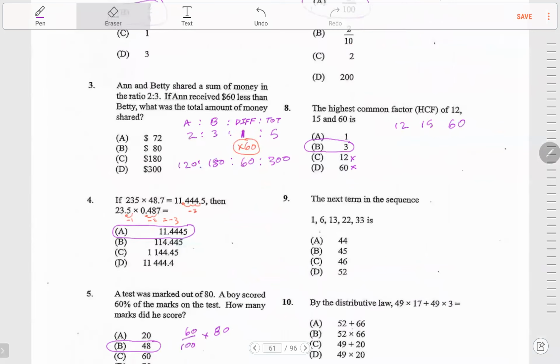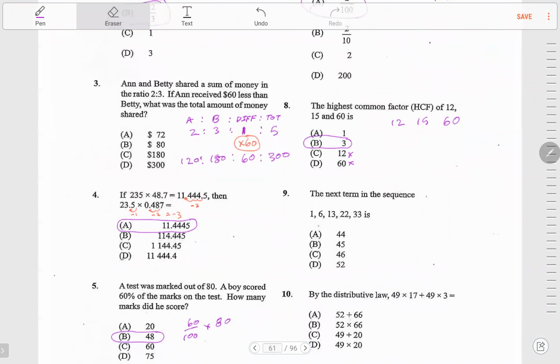The next term in the sequence. I think we did this question already. The answer was 46. Add 5, and then they add 7, then they add 9, then they add 11. So the next thing I have to add is 13.